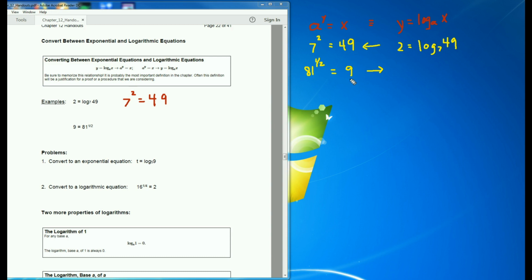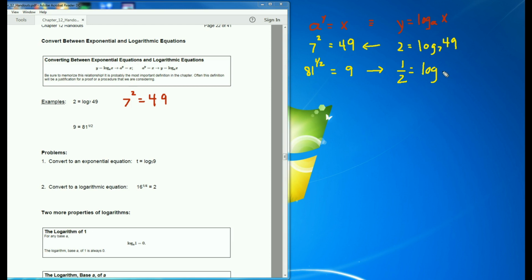All right, so what do we have? In this case, we have our y, the exponent, is 1/2. And that is equal to log base, okay, the base of the logarithm is always the same as the base of the exponent.